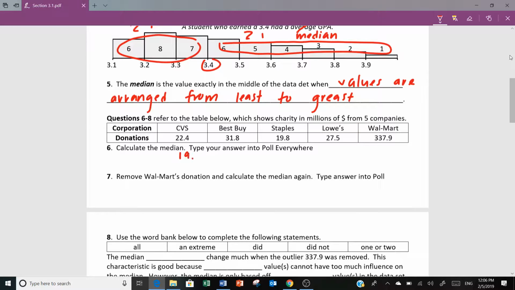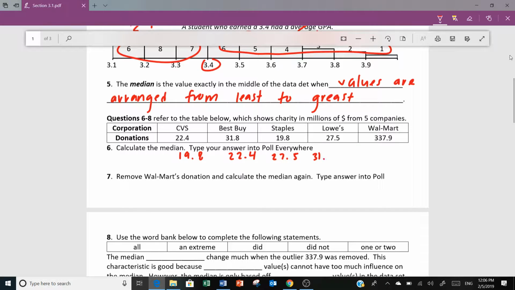So 19.8 is the first one, 22.4, then 27.5, then 31.8, and then 37.9. And the median is which one? The middle. So there's our median. The answer was 27.5.